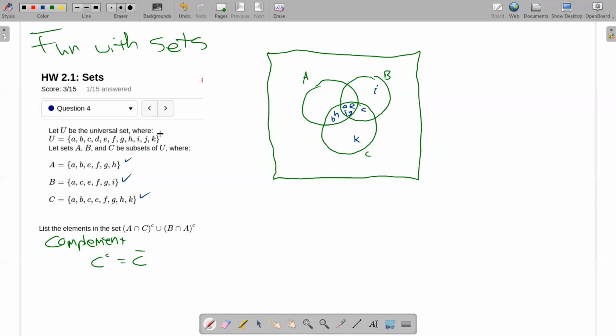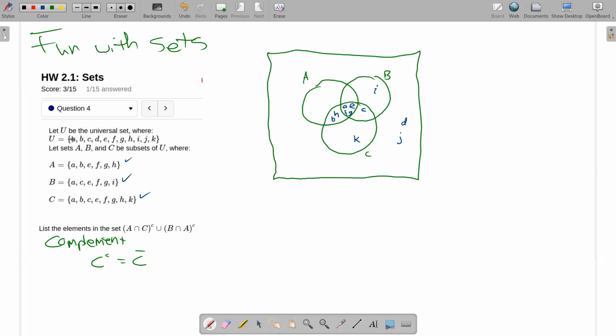Is the whole universe accounted for? Let's see, I don't know yet. I just need to count out A through K and see if there's anything missing. A, B, C, I don't see a D. E, F, G, H, I do not see a J. K, got it.